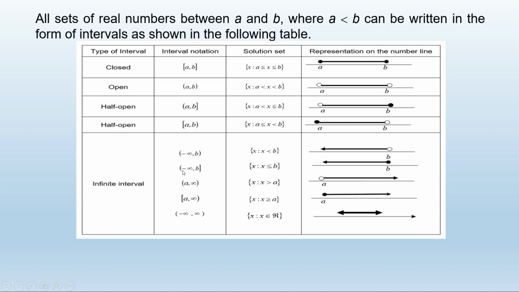Next, from negative infinity to B, including B, so solution set x where x is less than or equal to B. So we draw on the number line. We draw from B to the left, and at B a filled circle.